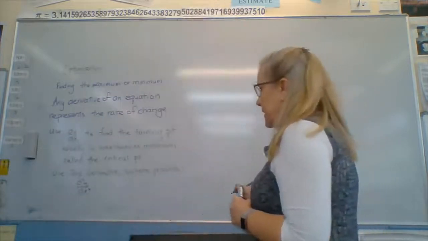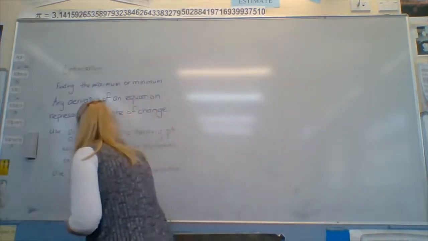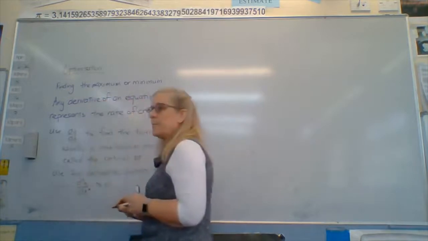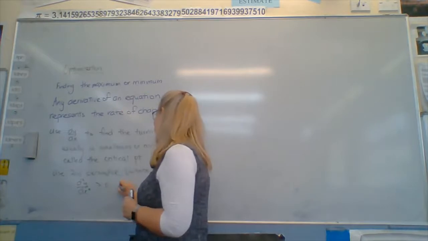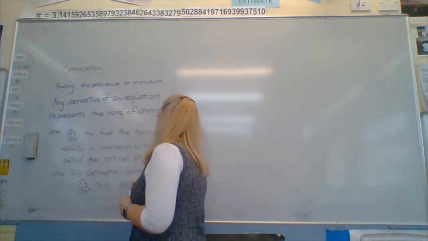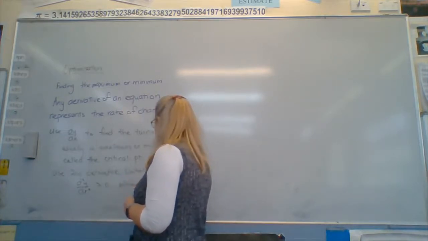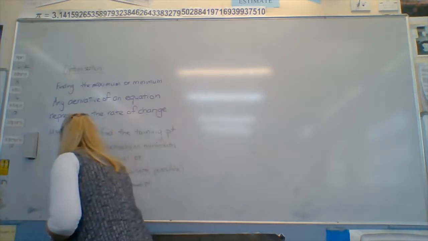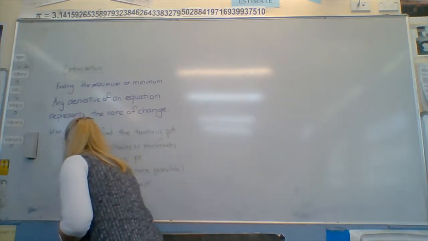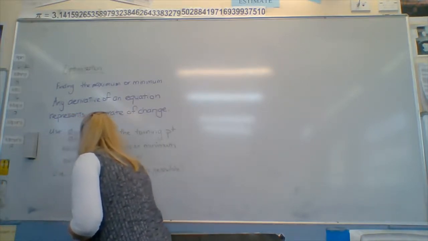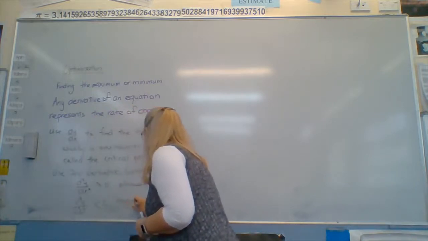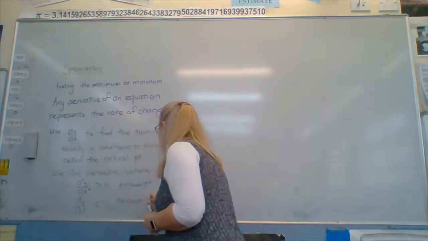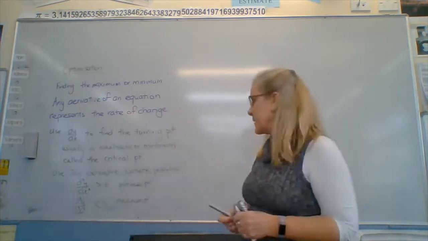Yeah, that's the one. And if that is greater than 0, we have a minimum. Backwards from what you think. And if it's less than 0, maximum. Oh, good job. All right, so minimum and a maximum.